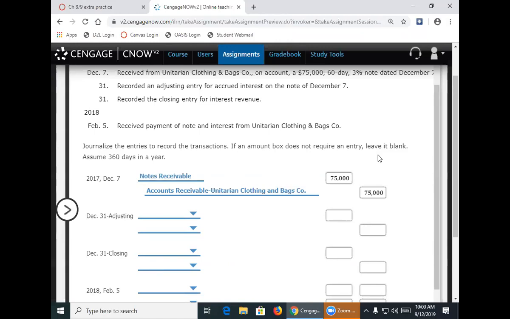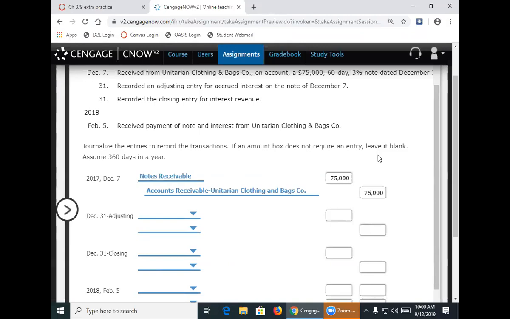Well, how do I calculate interest? Face amount times the percentage. Days over 360. Very good. I would take my face value of 75,000 times my interest rate of 3% times, I want to calculate 24 days only, because I'm just doing partial interest here.